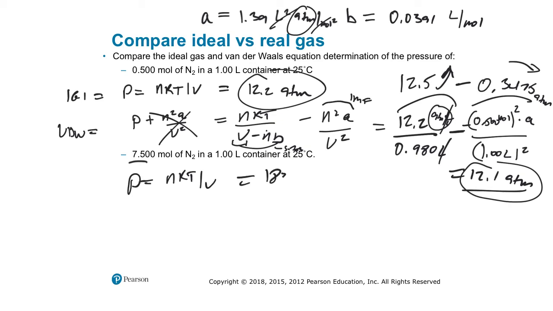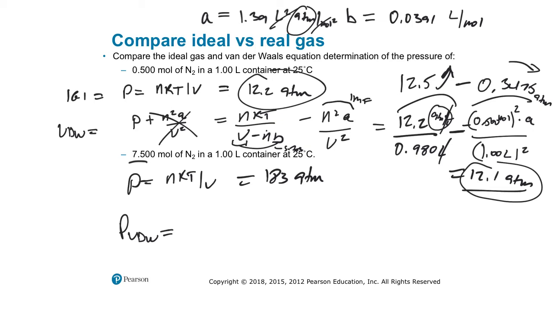This is 183 ATM, and I plug in the numbers above, and so my pressure from the van der Waals equation, a better approximation of the real pressure, is 7.5 times 0.08206 times 298, and then divide by the quantity V minus nb, where it's a liter minus 7.5 moles times 0.0391.